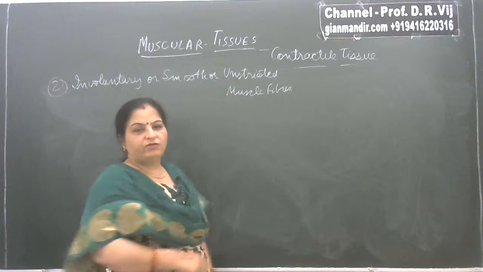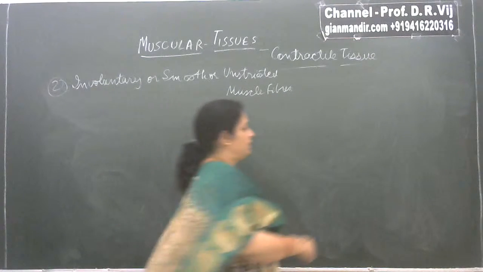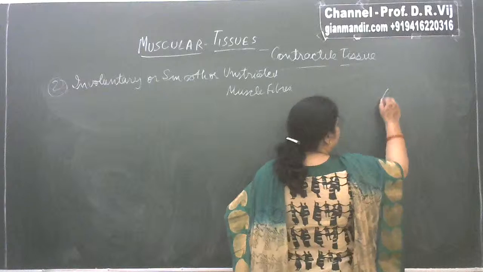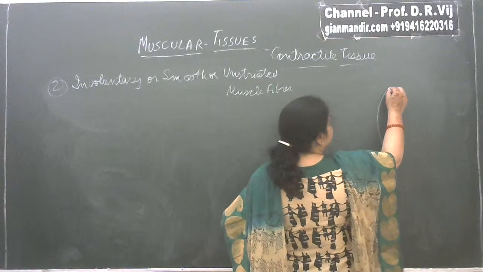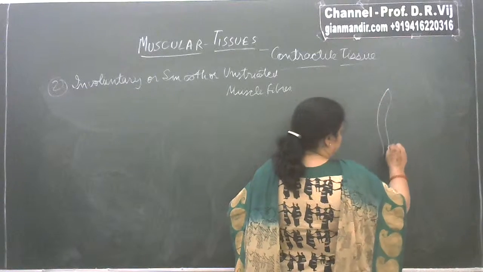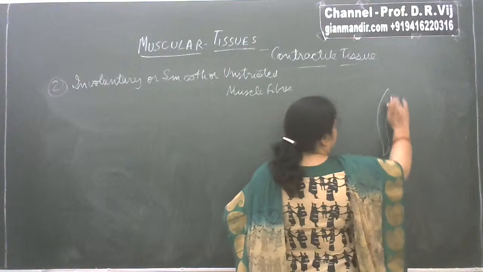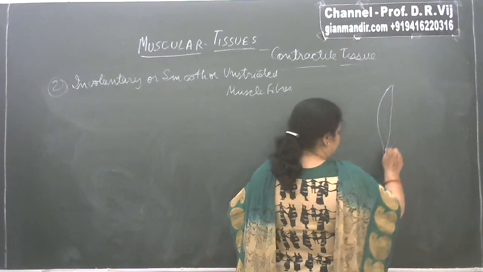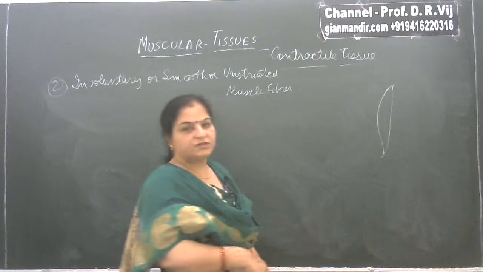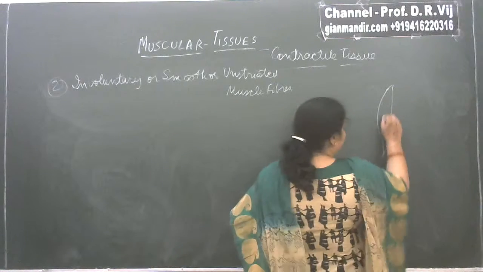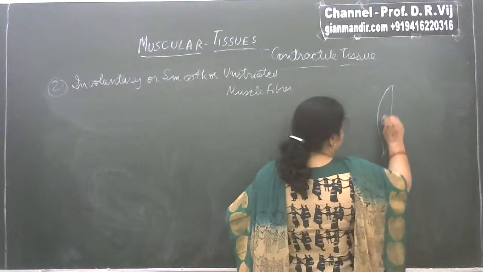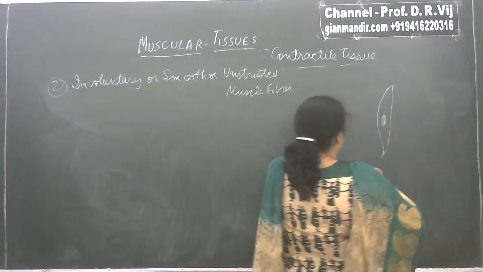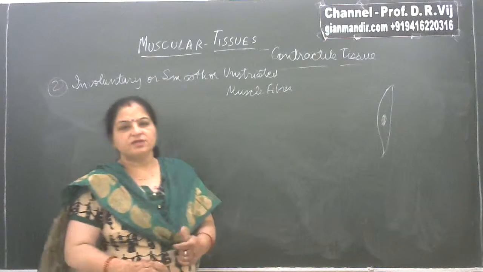So in that case, if you look at the cells of these fibers, they are long spindle shaped cells having pointed ends and not having any striations, and they are uninucleate, one single nucleus at the center.